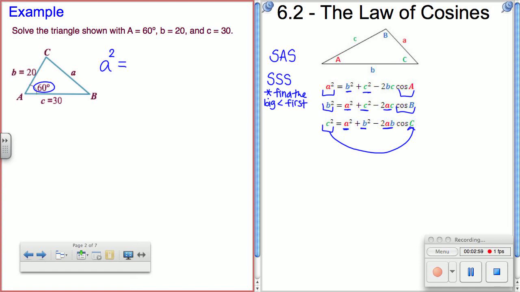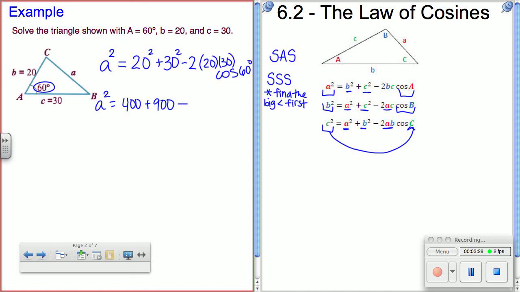Now we're going to do the other 2 sides squared. B squared, 20 squared plus C squared, minus 2 times 20 times 30, times the cosine of 60 degrees. Okay, and so that's just using the formula. I'm going to do a little simplifying here. I'm going to square 20 and 30.